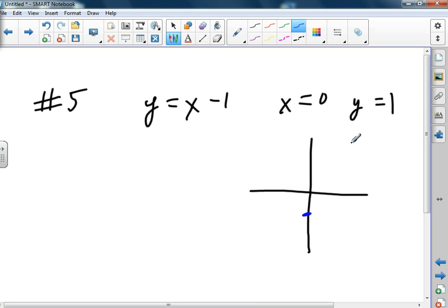That's 1, that's minus 1. X is 0 would be straight up and down.